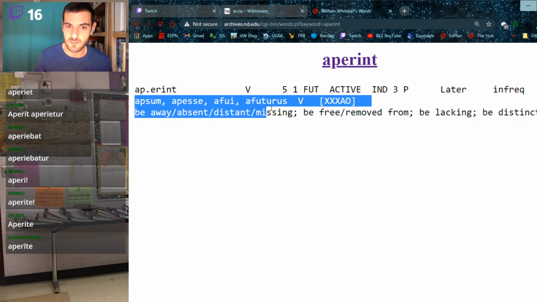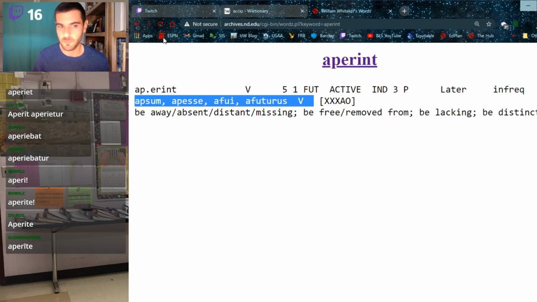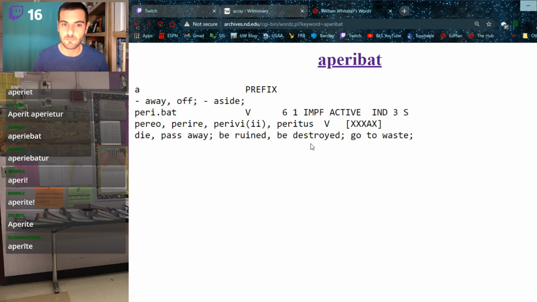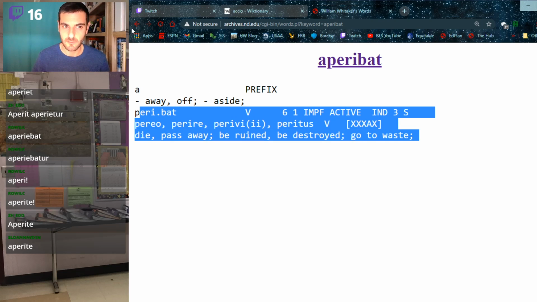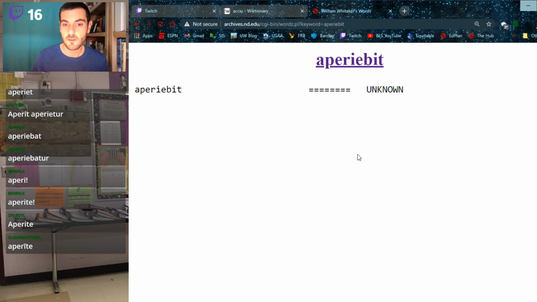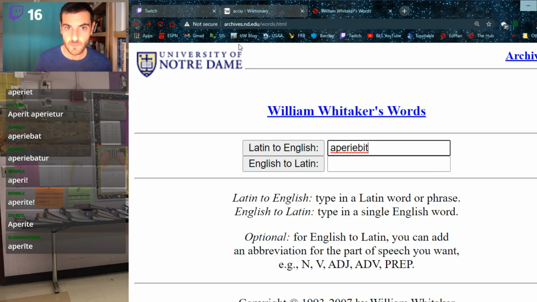This is a completely different verb in a weird form. It's basically going to tell you you're not quite there. Or let's say you put aperibat instead of aperiebat. It's telling you you're way off the mark here. Sometimes you'll find random forms, or let's say you made a real bad move and you try to do Bobby Boo. It's just going to look at you like you're crazy.